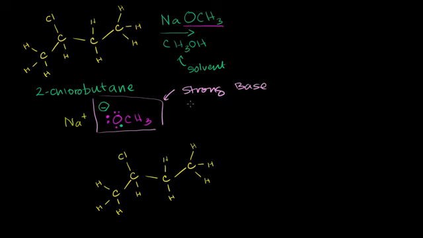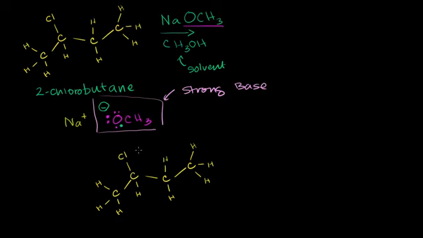If you use the Lewis definition of a base, that means it really wants to give away this electron to something else. If you use the Bronsted-Lowry definition, this means that it really wants to take a proton off of something else. And in this situation, that is exactly what it will do.